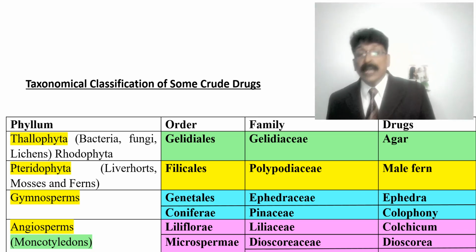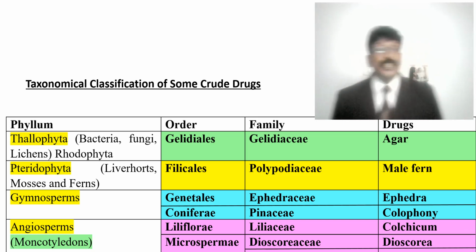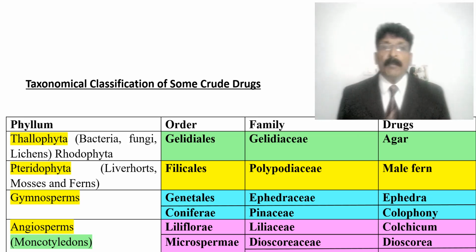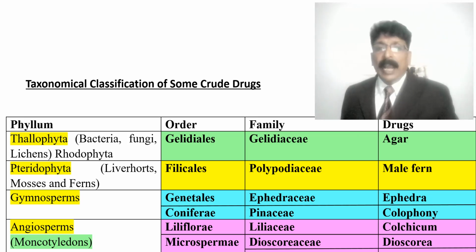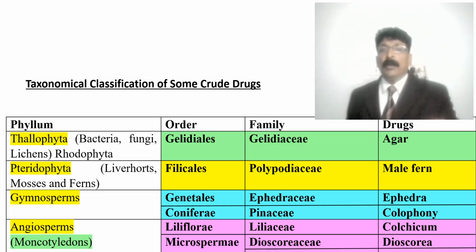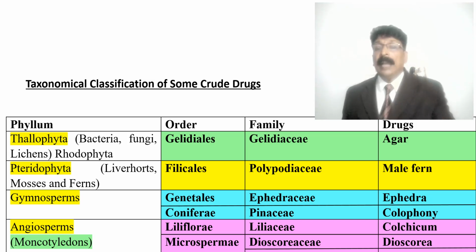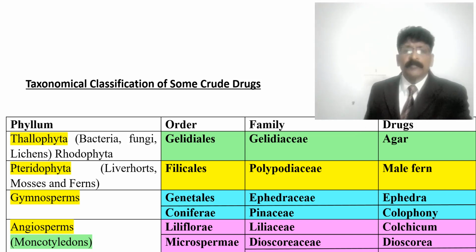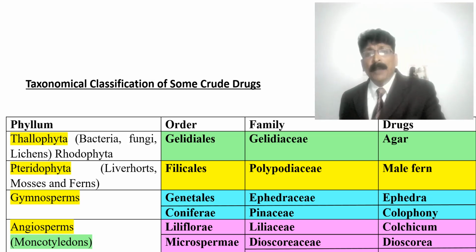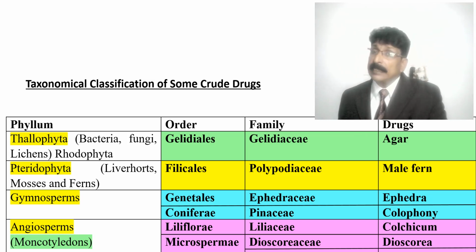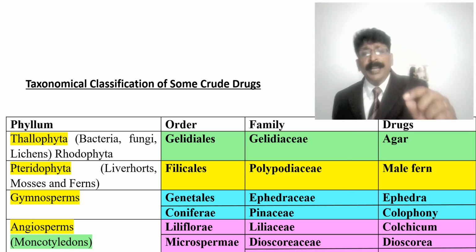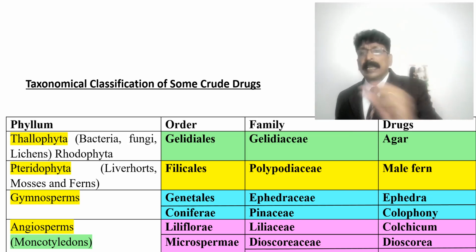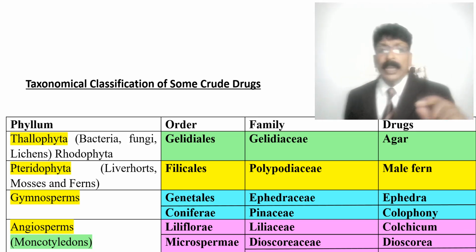And Pteridophyta: liverworts, mosses and ferns, example Filicales and Polypodiaceae, and the example male fern. And gymnosperms. I have taken 2 examples of order. In order Gnetales, family Ephedraceae, example ephedra; Coniferae and family Pinaceae, example colophony; and angiosperm monocotyledons of the order Liliflorae.